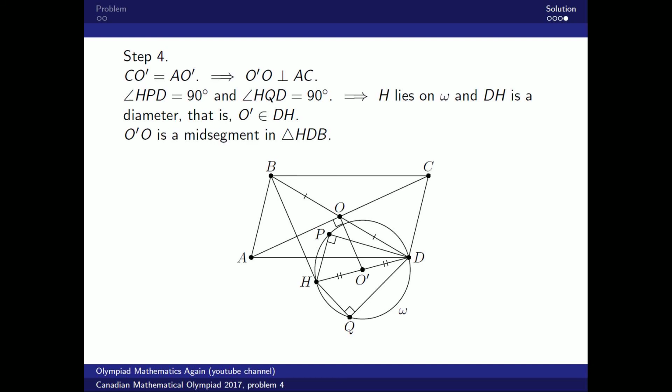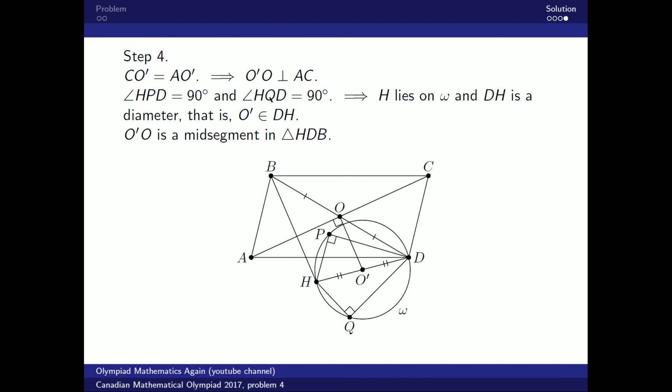So now we consider the triangle HDB. In this triangle, the point O' is the midpoint of the side HD, and the point O is the midpoint of the side BD, and therefore O'O is a mid segment in triangle HDB, right?